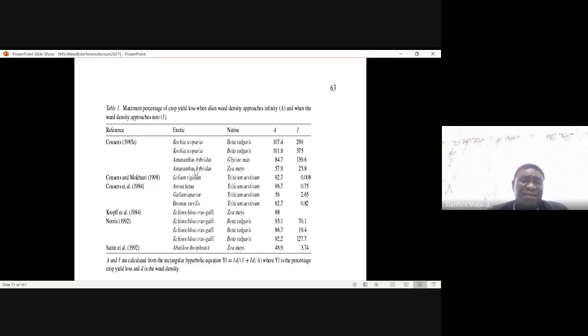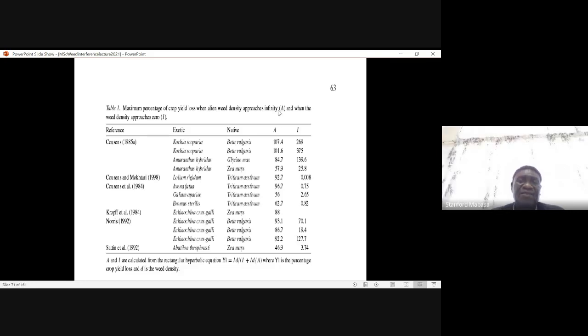Now, these are some weeds which were studied by various researchers, and we have the A and I values of these weeds. The A representing the maximum yield loss, and I representing the slope.